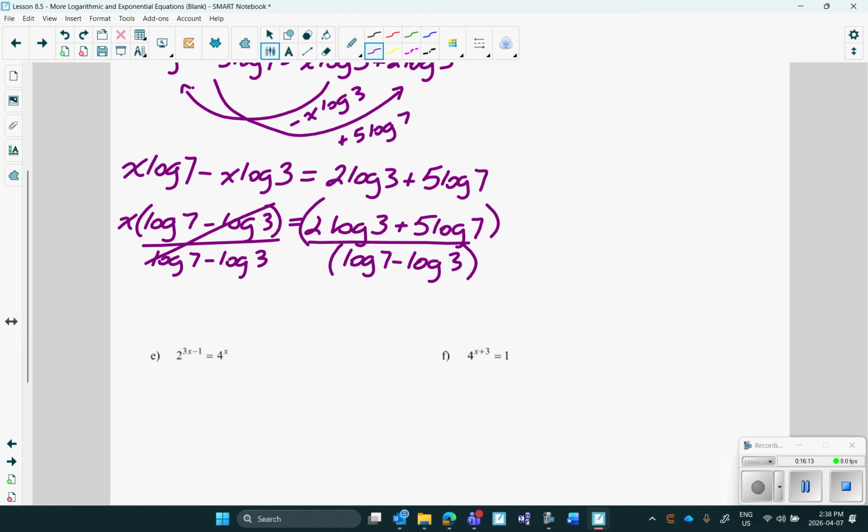So 2 log 3 plus 5 log 7. Who thinks I got it?